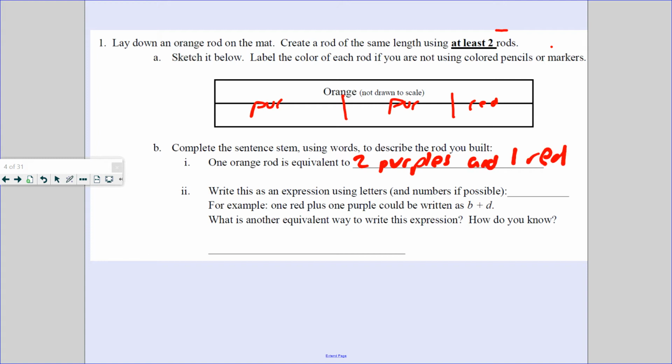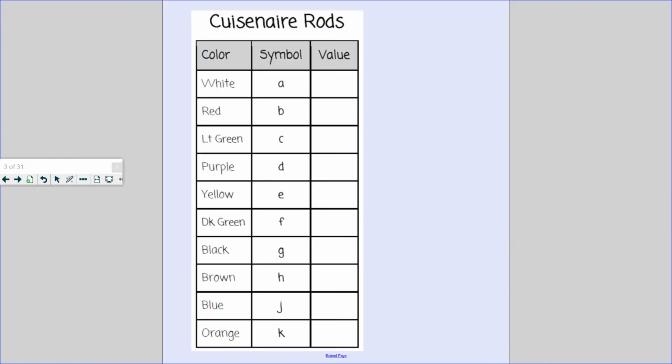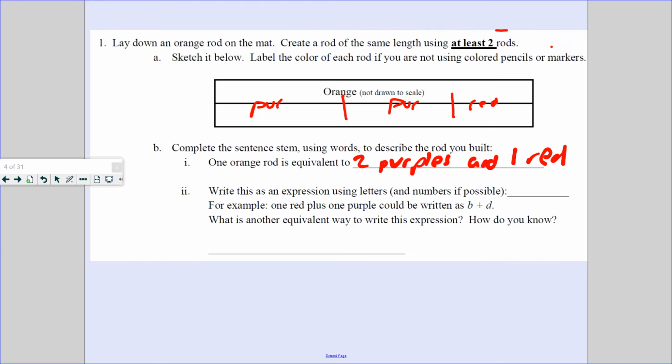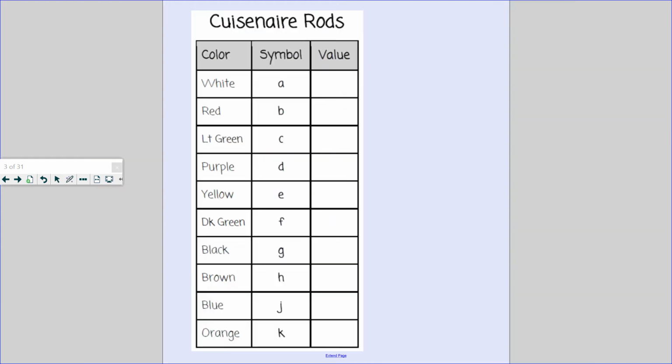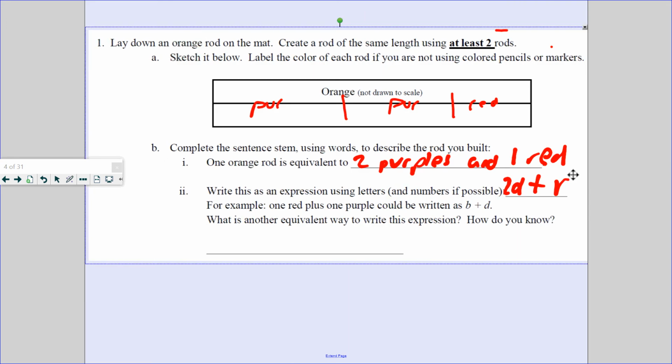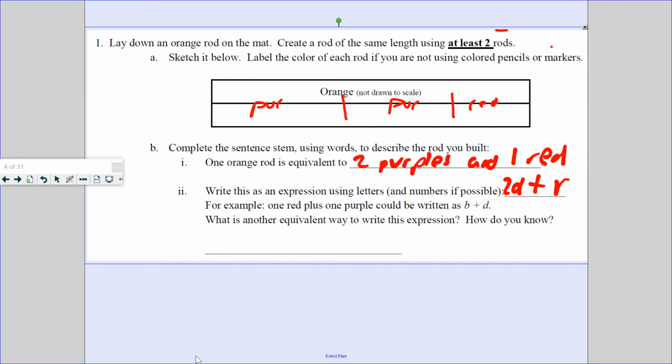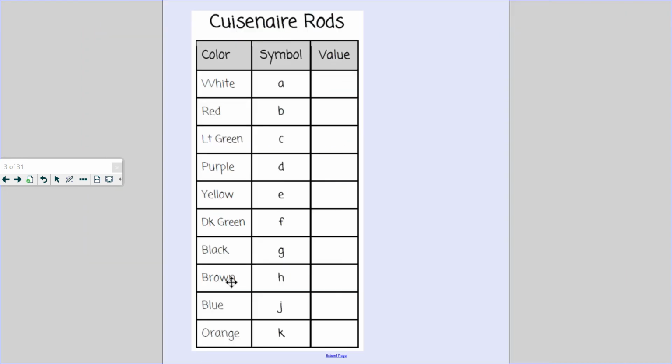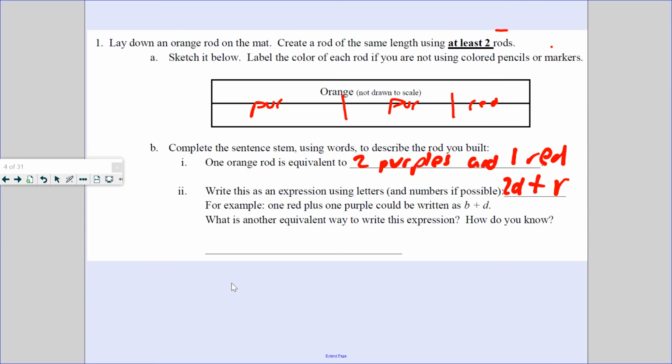Write this as an expression using letters and numbers if possible. So let's see. 2 purples. Purples are D, so 2 groups of D plus 1 red, 1 B. Red is B. Yep, it is B.